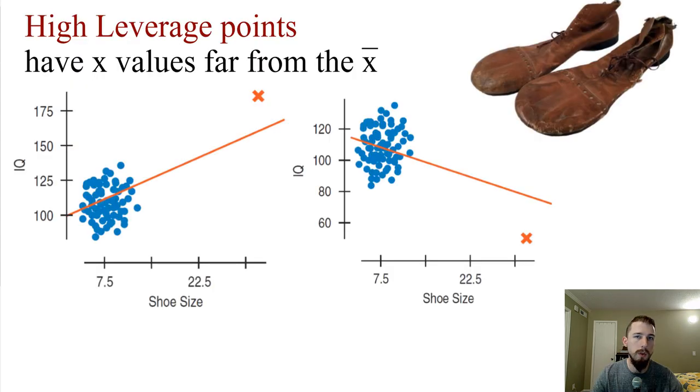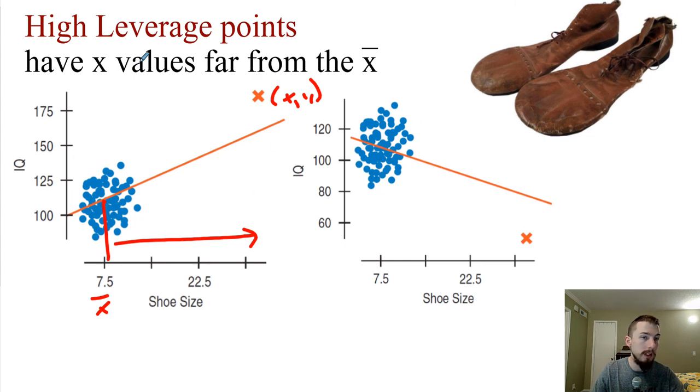So as a quick review of the difference between points with high leverage and points that are influential, points with high leverage have values that are very far away from the average x. So if the average x, the x bar, was somewhere about right here, Bozo's shoes are very, very far away from the average x. Their x value here, whatever that value is, is going to be really, really far away.